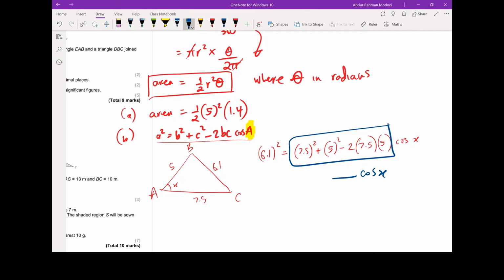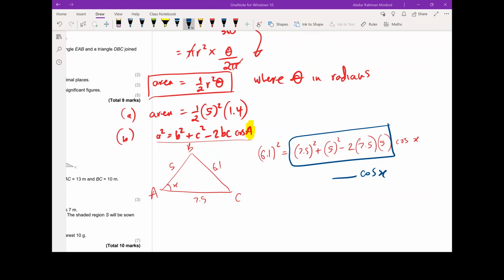What's the mistake there? Have a look, spot the mistake. Common misconception there. Anyone?